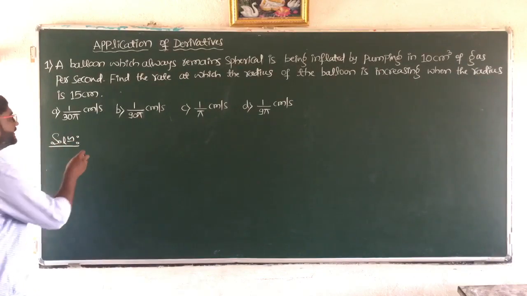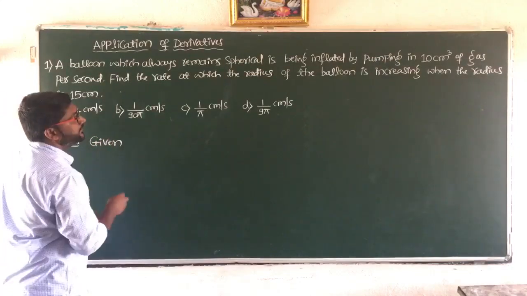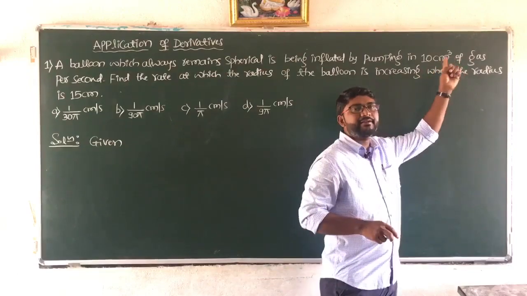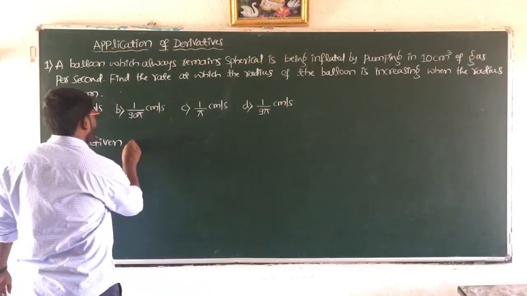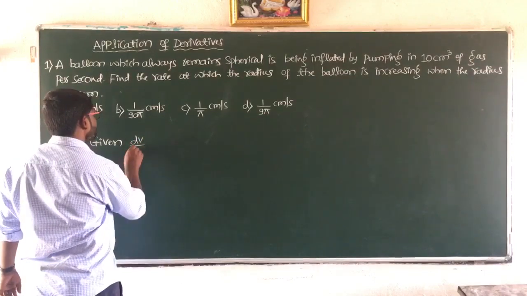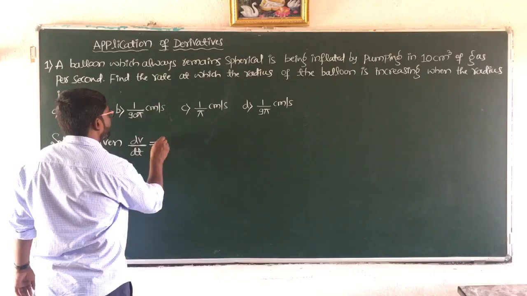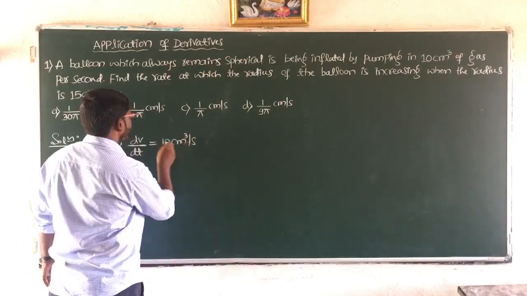First we'll write the given information. What is this 10 cubic centimeter per second? It is dV by dt. So dV by dt is equal to 10 cubic centimeter per second.